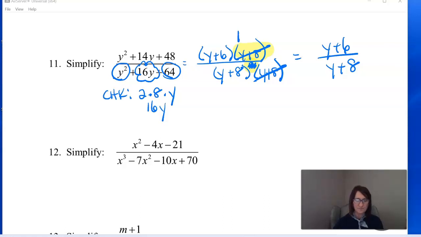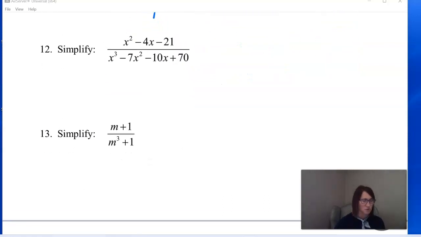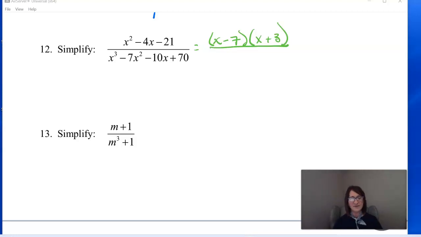All right, let's look at problem 12. For problem 12, in my numerator, I have x minus 7, x plus 3. Ooh, and in the denominator, well, that's a little bit interesting. We're going to need to do a little bit of grouping here. Makes it more fun.